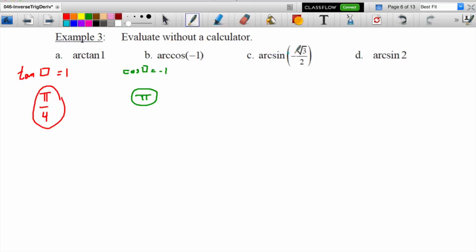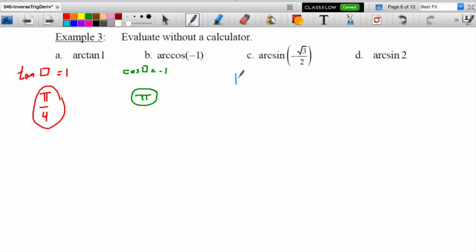So sine of who is going to give me negative root 3 over 2? Sine of who gives me negative root 3 over 2? So root 3 over 2 you should recognize as important. It's definitely a pi over 3 type angle, except we need it to be the right kind of angle.